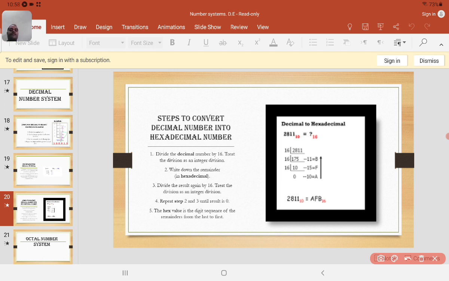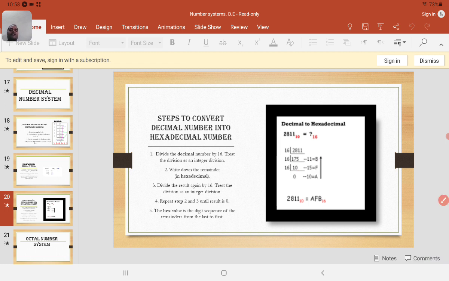This remainder 15 is equivalent to F, that's why we write F here. After that we cannot divide the number 10 by 16, so we write 0 as the quotient and 10 directly as the remainder. So 10 is represented as A here.